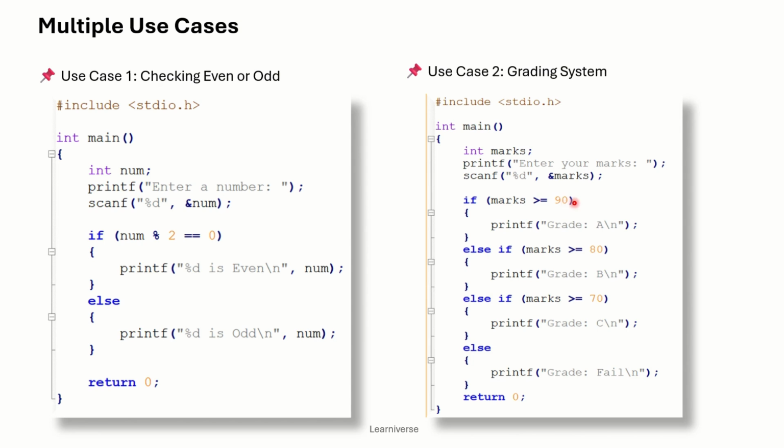If it is greater than or equal to 90, then the grade belongs to A. Suppose if marks is greater than or equal to 80, and in between 90, so 80 to 89, we will get grade B. Similarly, if it is greater than or equal to 70, it is a grade C. If none of these conditions are true, which means here also it is false, here also it is false, here also it is false, then it will come to the else part, it will execute fail.